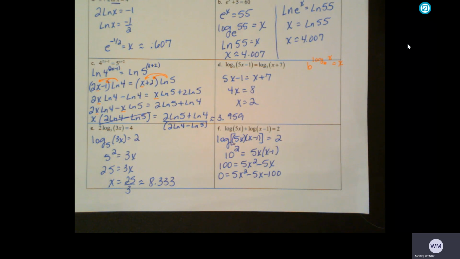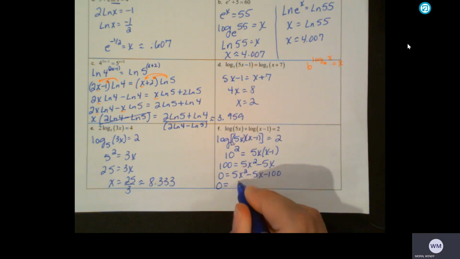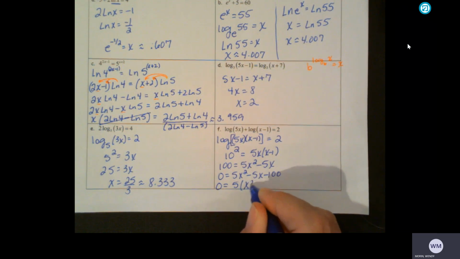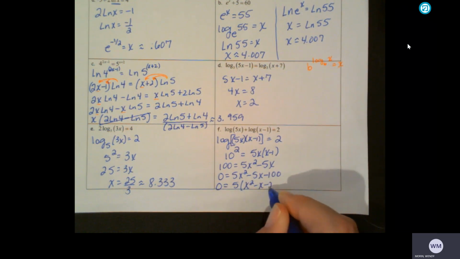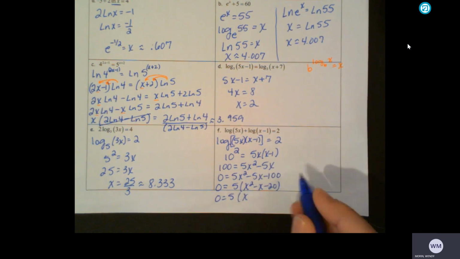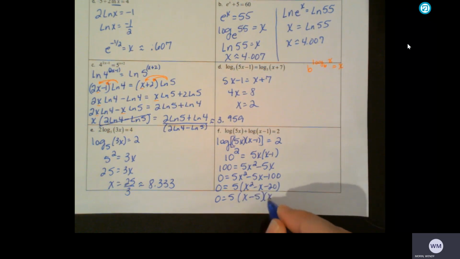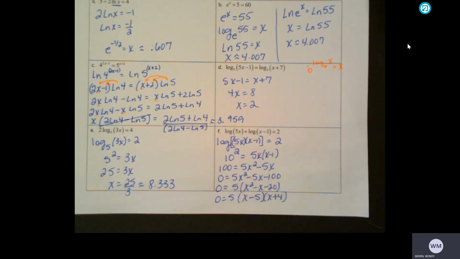I always love factoring. Favorite F word, right? So I'm going to try factoring first. Check for a greatest common factor, the one thing that many people forget. And it does factor into, that would be x minus 5 times x plus 4.